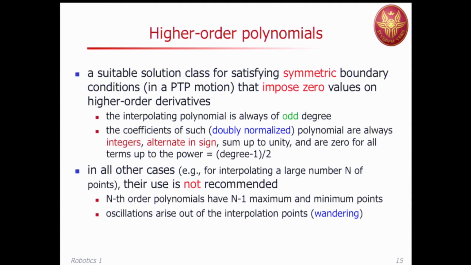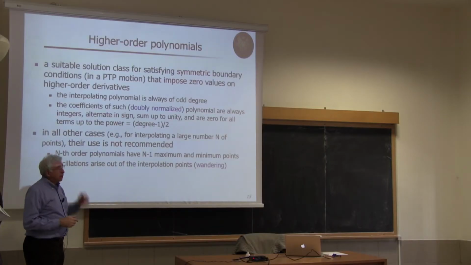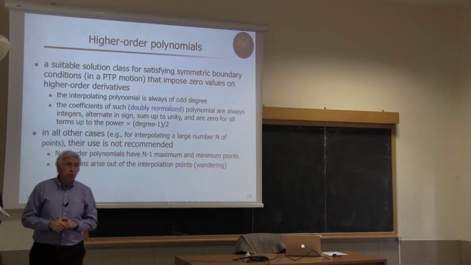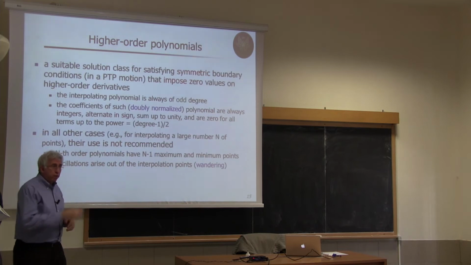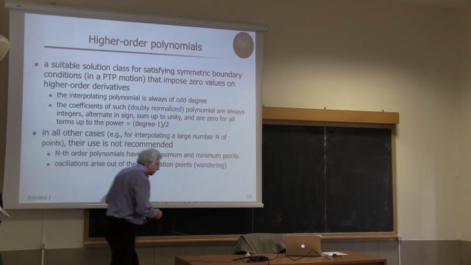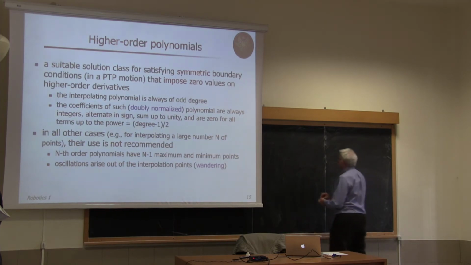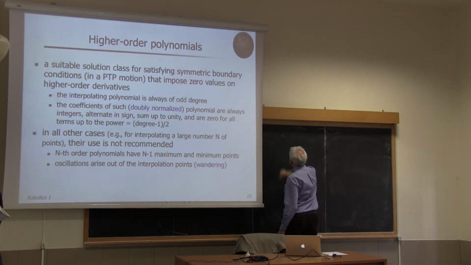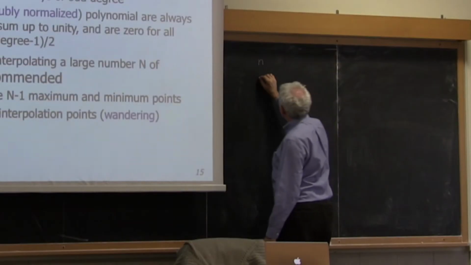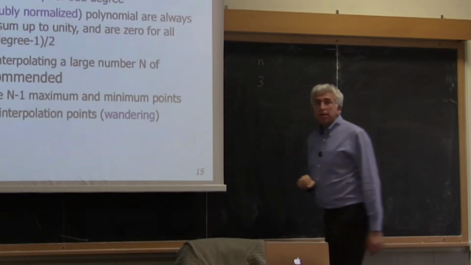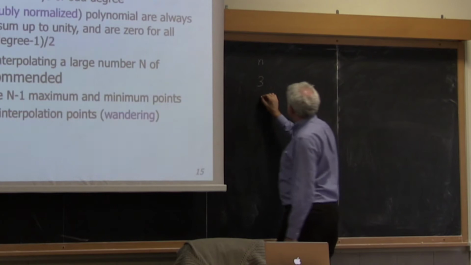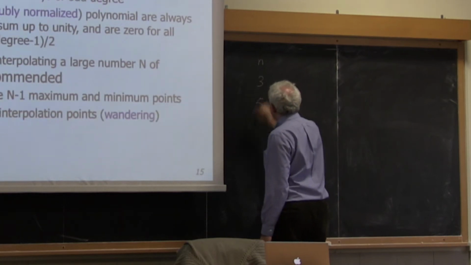Okay? Now we can solve this by using this doubly normalized polynomial. In fact, we have already seen 2 examples, and I'm writing them again on the blackboard. So let's put here n, the degree of the polynomial, and we have already worked with a degree 3 and 5.